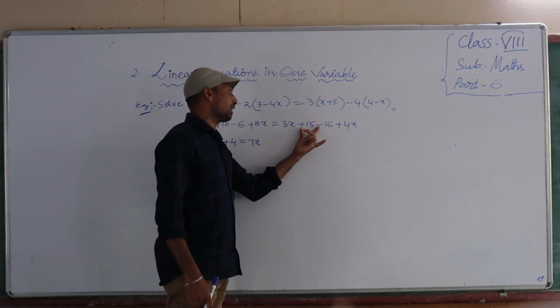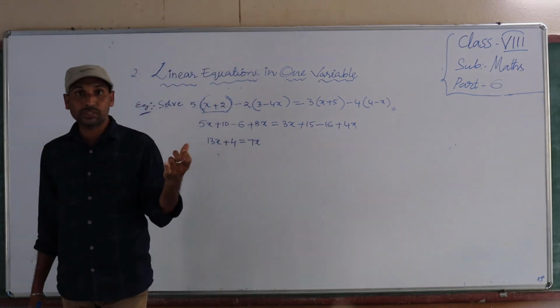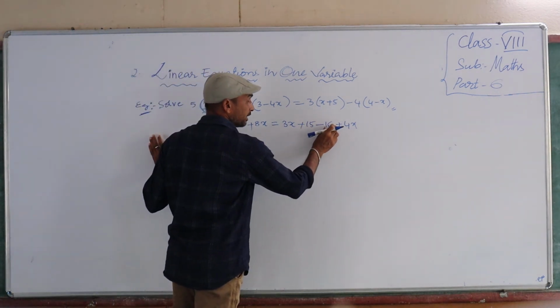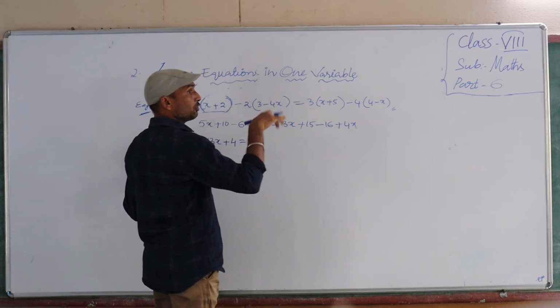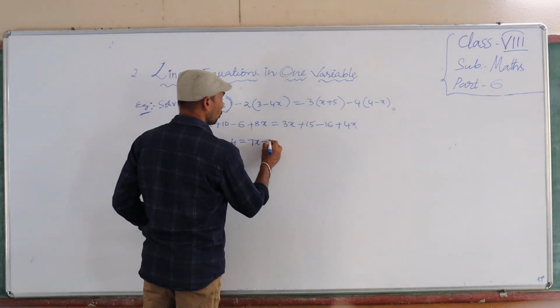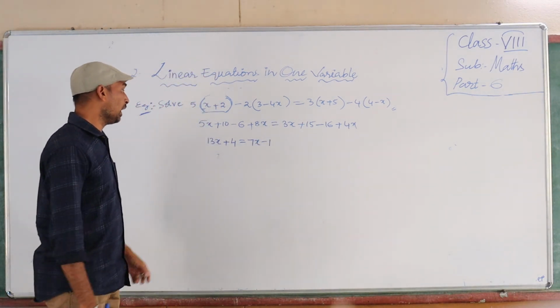These both symbols are different, so we have to do subtraction. 15 minus 16, here 16 is the bigger one, so the answer we should get in the negative only. So minus 1.